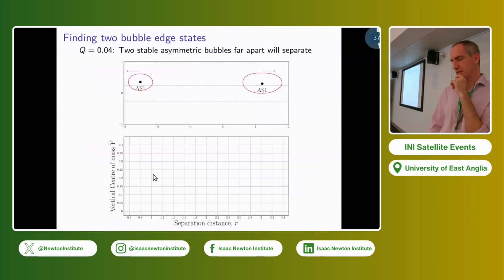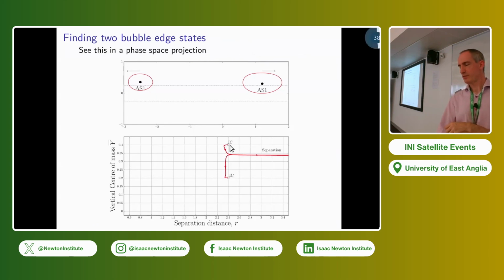So if we now turn to the simulations, we've just said that the two bubbles far apart will separate. So if we plot their motion, where this is now the separation distance between the two bubbles on the bottom and the center of mass of the two bubbles, they're started one above the other, and these two bubbles will separate.